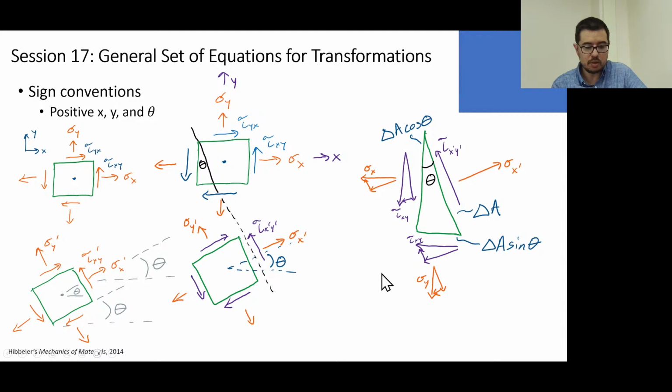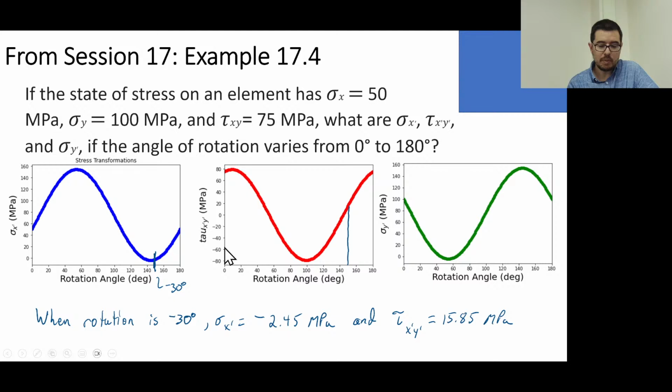So I can solve for many angles of rotation, and I begin to see that there are some local maxima, local minima. So I can start to see that as I rotate by certain amounts, I get these states where maybe the normal stresses are maxing out.